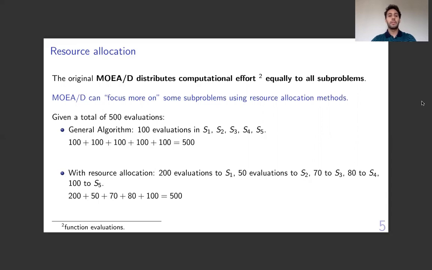If we sum the resources of all subproblems, we still have 500 evaluations in total. With resource allocation, however, we can have a different distribution of resources. So for example, we can give 200 evaluations to S1, 50 evaluations to S2, 70 to S3, 80 to S4, and 100 to S5. If we sum them up, we still have 500 evaluations, but as we can see, this distribution is completely different.